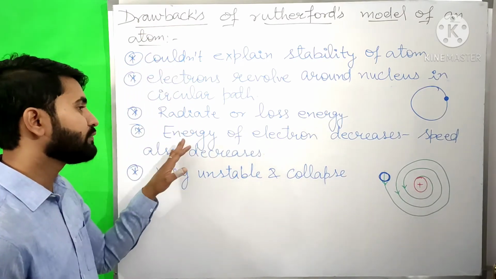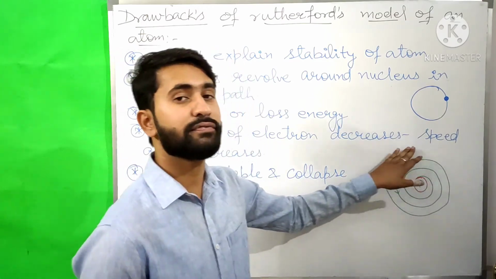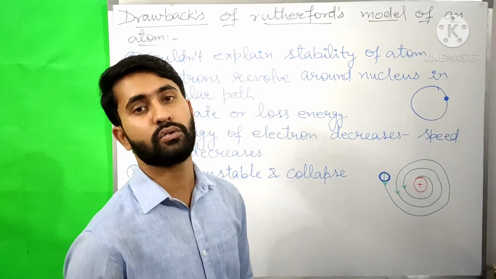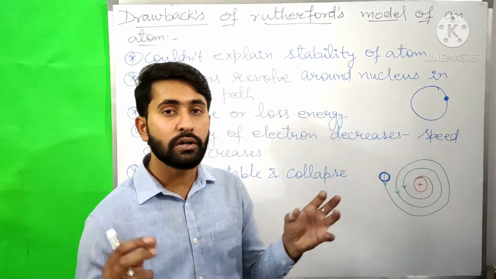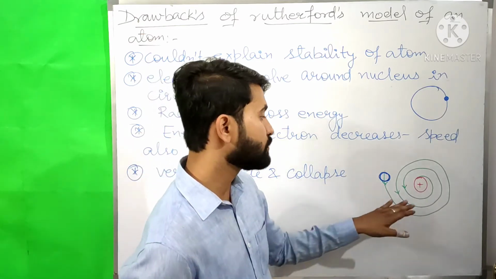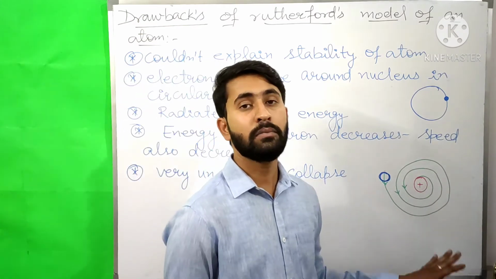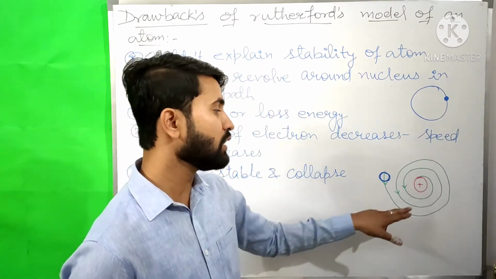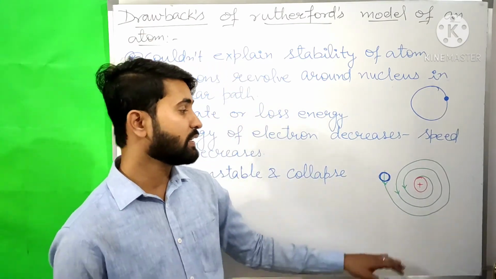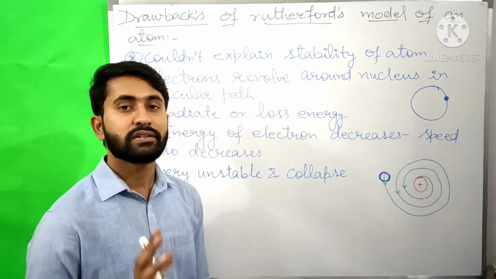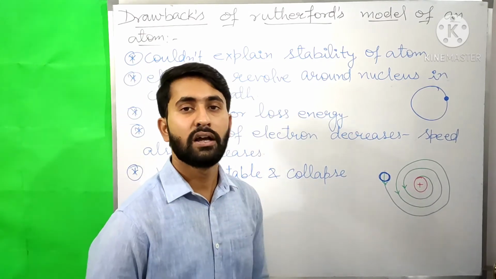When the energy of the electron decreases gradually, its speed will also decrease slowly, due to which the electron will be attracted more strongly by the oppositely charged nucleus, and the electron will come more and more closer to the nucleus. Finally, the electron will fall into the nucleus, taking a spiral path. This should make the atom very unstable and it should collapse.